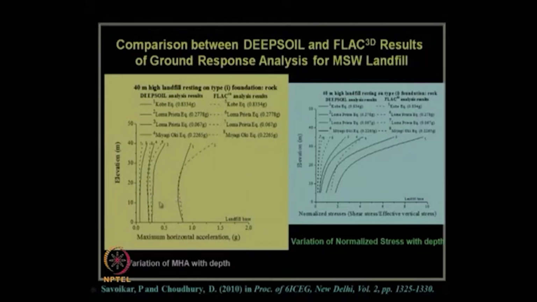As can be seen, in most of the cases from this present study, with the given input values and given input seismic accelerations, deep soil gives higher results for these types of landfill, except this landfill where, for Kobe earthquake motion, one can find that FLAC 3D results are much higher than the deep soil results. It depends on various characteristics of soil, various characteristics of seismic input motion and so on.